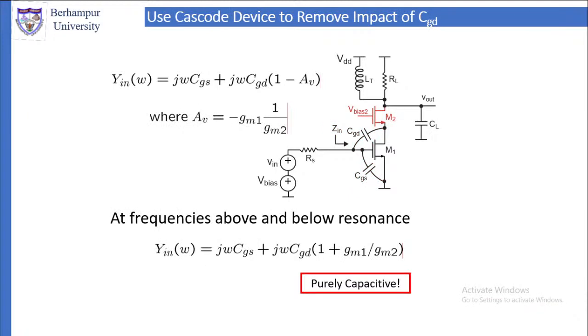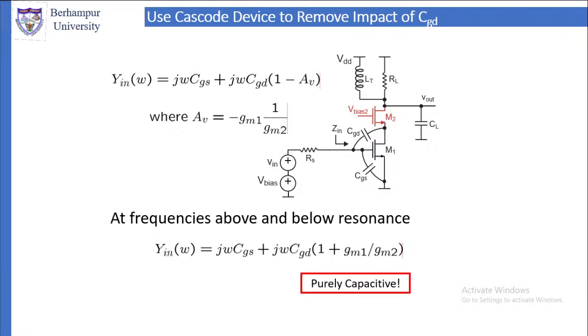Now suppose we are going to use a cascode device to remove the impact of CGD. In the expression Yin is equal to j omega CGS plus j omega CGD into 1 minus AV, we want to remove or minimize the impact of CGD. So how to do that?